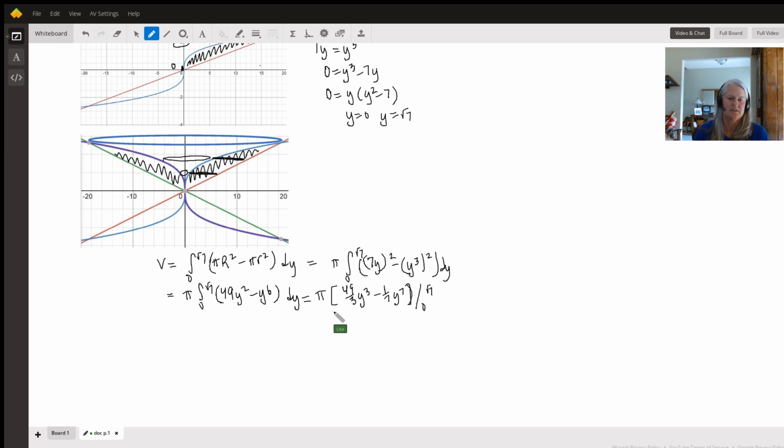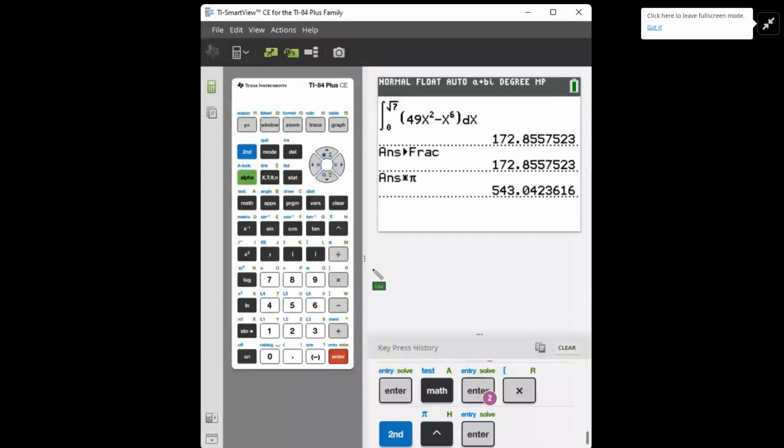And I went ahead and just used my graphing calculator to find this measure. So if we take a look at the graphing calculator, I input the numeric integral and check to see if it was rational, which it's not. And so when you multiply that integral by pi, we get the answer.